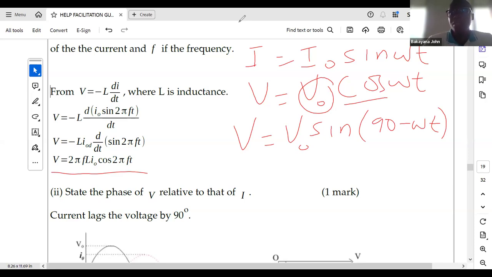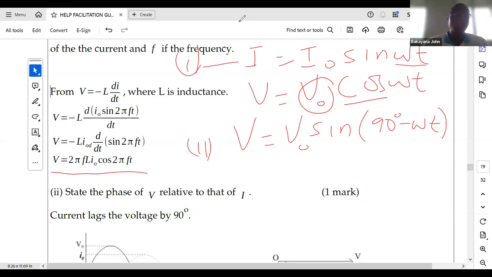So this phase difference, or the difference in the angle of 90 degrees between the first equation and the second equation, is where we state that one leads or lags the other by the angle that we come up with. For example, here we are having 90 degrees, and then this one is simply omega t.